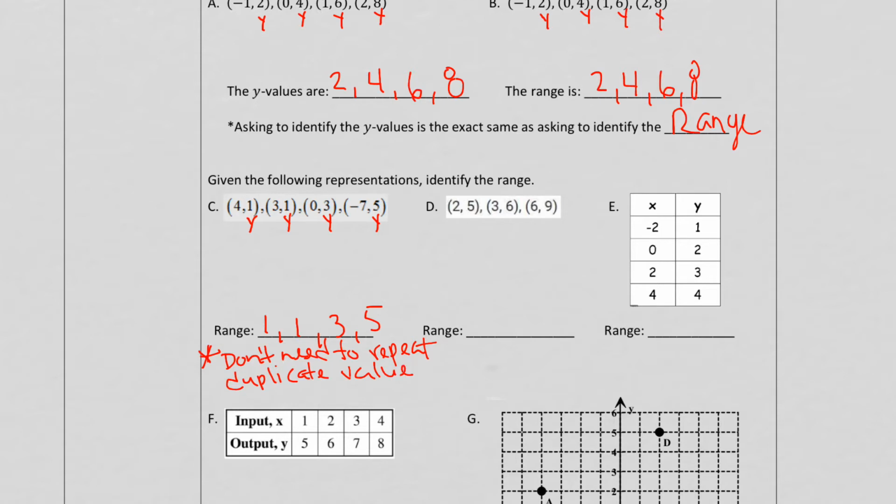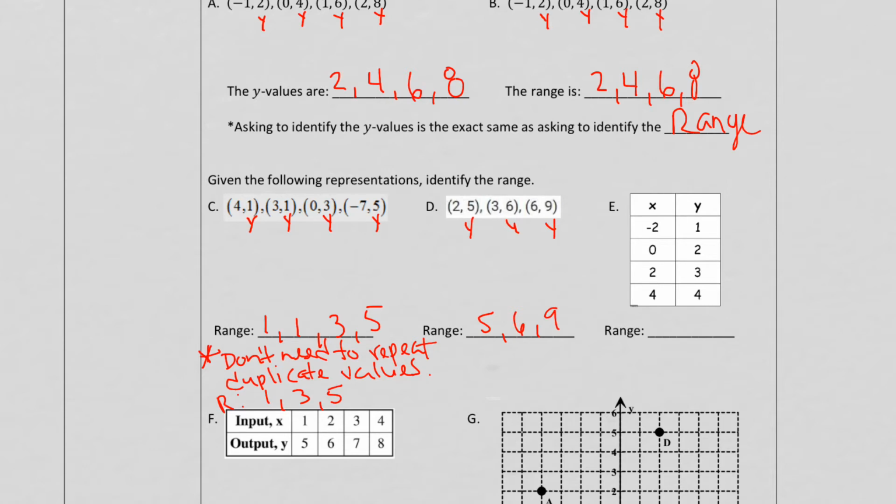If a number repeats, you only need to write it down once. So my range on this one, I'm going to just do an R for range. It's going to be 1, 3, and 5 because I don't need to repeat the 1. Looking at example D, again, we're using all our y values, which is 5, 6, and 9. So I just need to write down 5, 6, and 9.